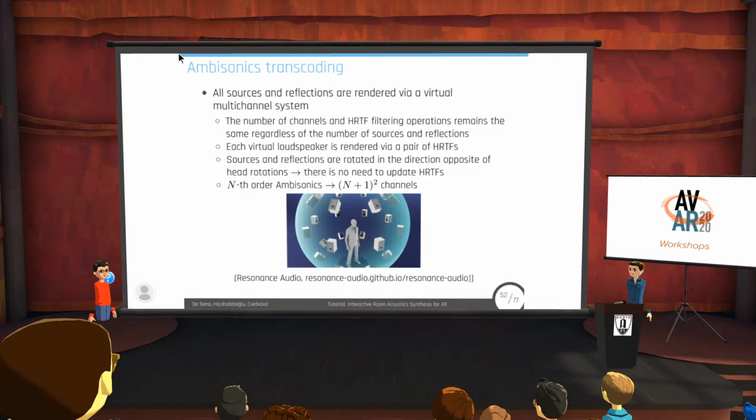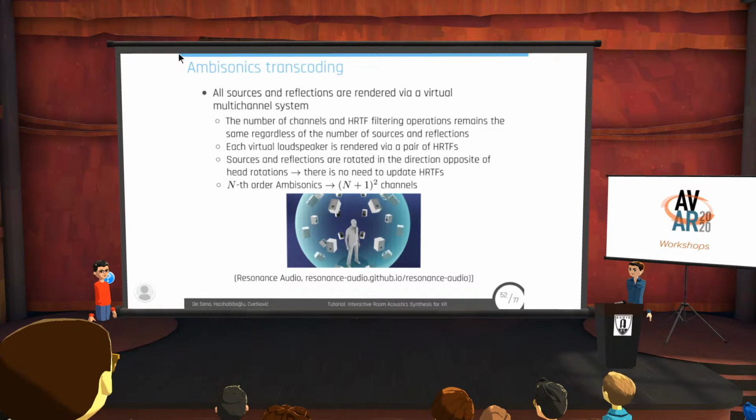Using this approach for higher order ambisonics makes some of the things that need to be done much easier. Moving between these different formats, higher order ambisonics and binaural, is achieved by keeping a fixed number of HRTF filter pairs, 1 pair for each loudspeaker channel involved in the playback of higher order ambisonics encoded sound. And assuming that we have an nth order higher order ambisonic signal, we will need (n+1)^2 HRTF pairs.